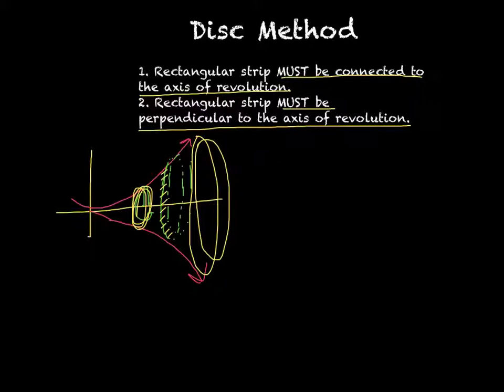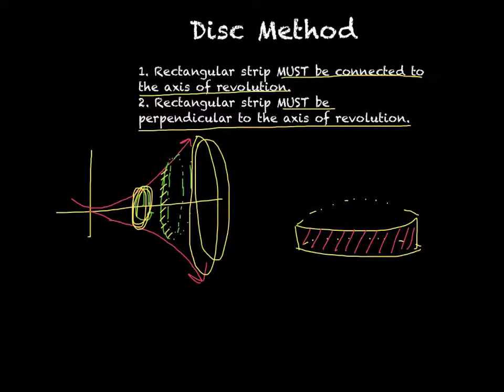So if we were to lay this shape out flat, it would look something like this. That's my best attempt at a cylinder, and it's going to have some sort of thickness to it. Our goal is to find the volume of one of these discs, or one of these cylinders.